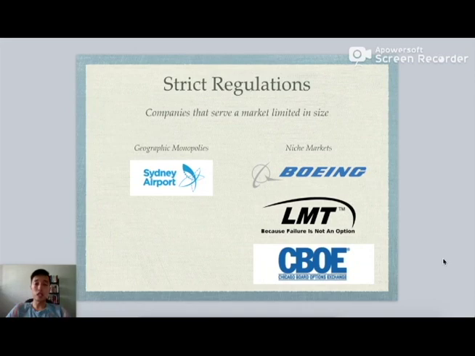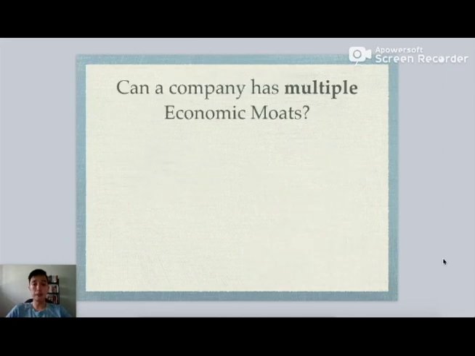That's why the authority usually will not easily give approval for new companies to step in. So once you have that license, it creates a very high barrier of entry for the next competitor to come in. Now we know about the 5 different economic moats.